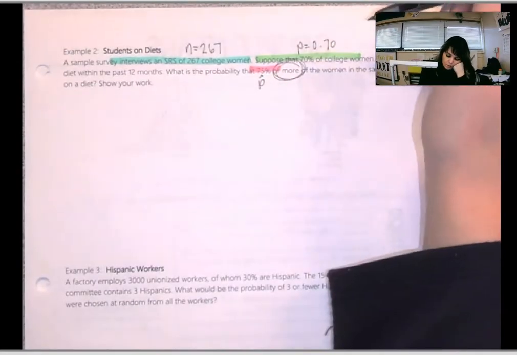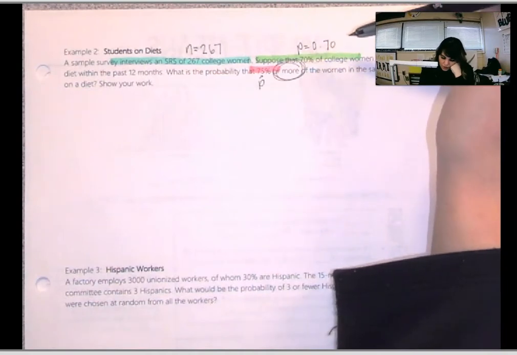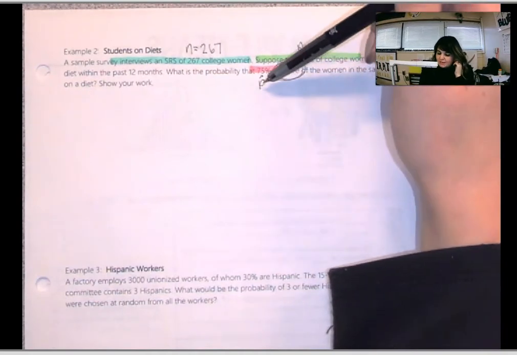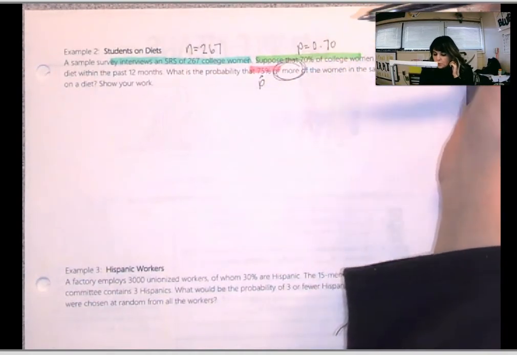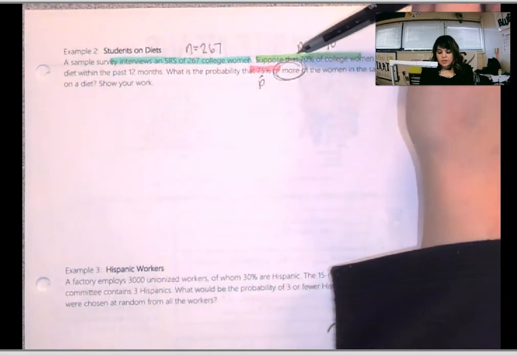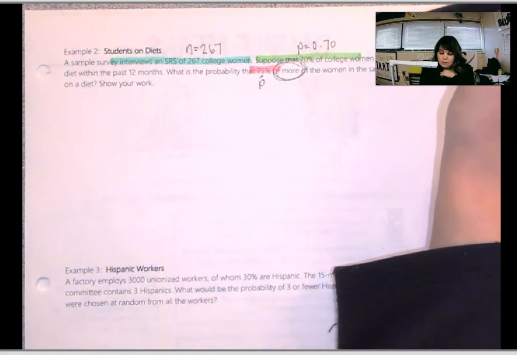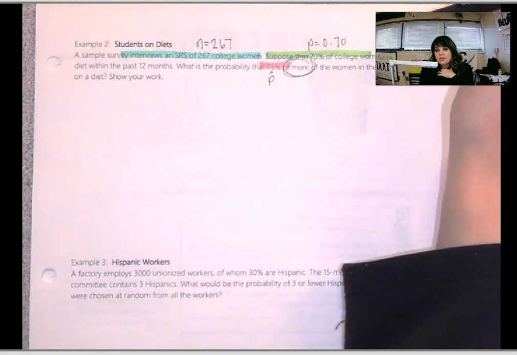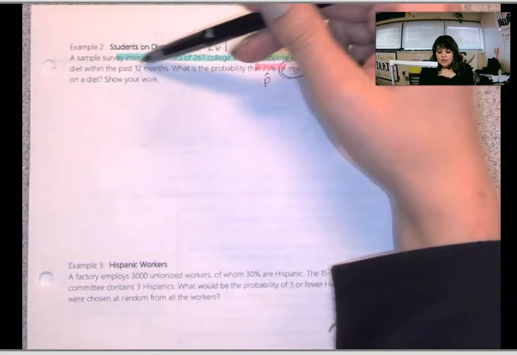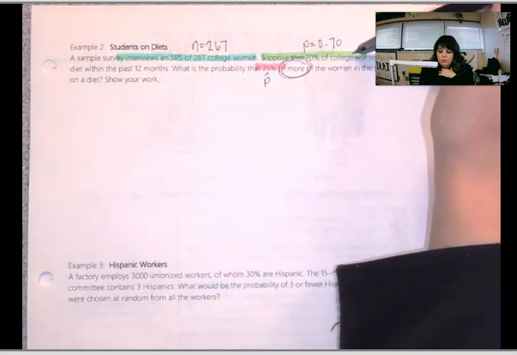Okay, so first question is, well, how do I know that this one is p and this one is p hat? Well, first they tell me to suppose that 70% of college women, they mean all college women, have been on a diet. So they're referring to the entire population there. Here they're referring to a sample, but here they're saying 70% of college women.